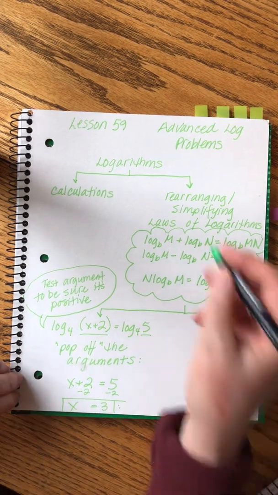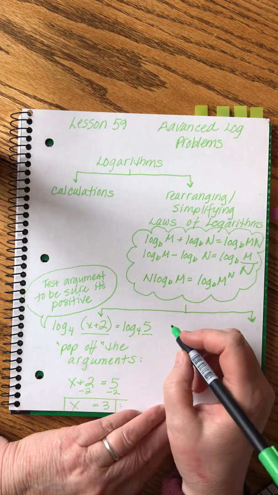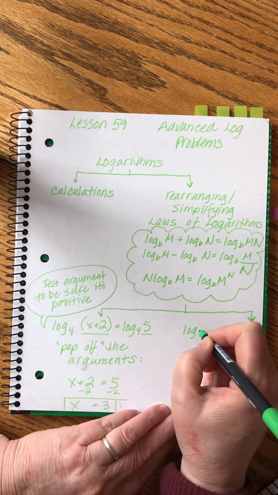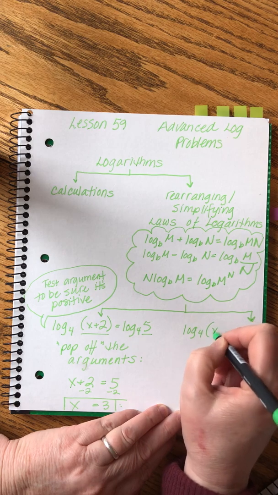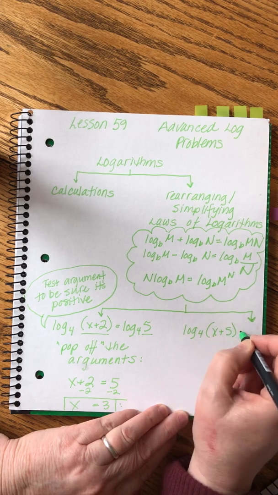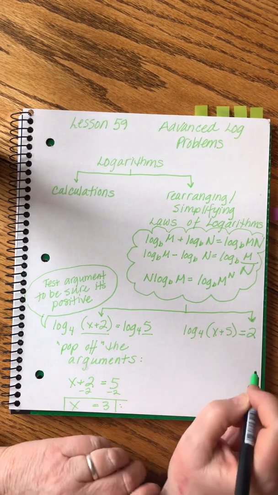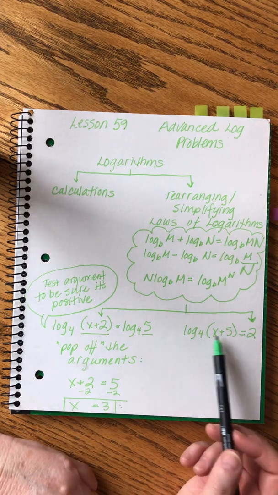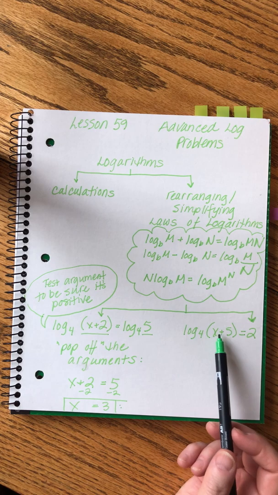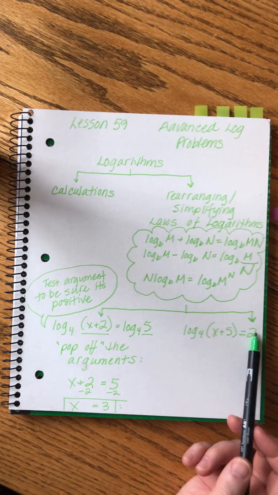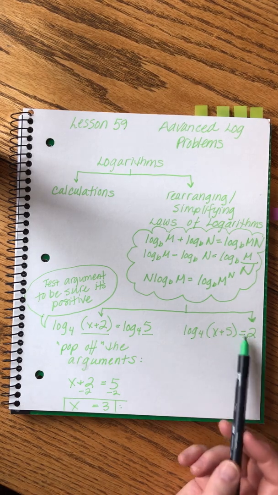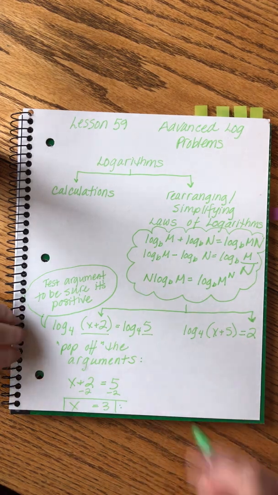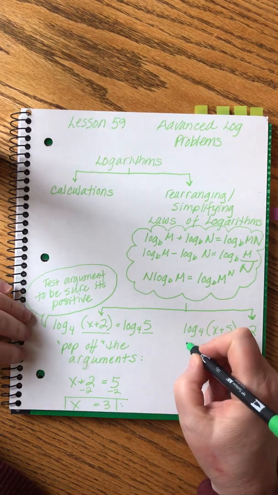The other kind of rearranging and simplifying problem looks slightly different. The numbers aren't the part that matters. What we have here is a log on this side, but then equals 2. There's a plain number on the other side. Okay, this is different.